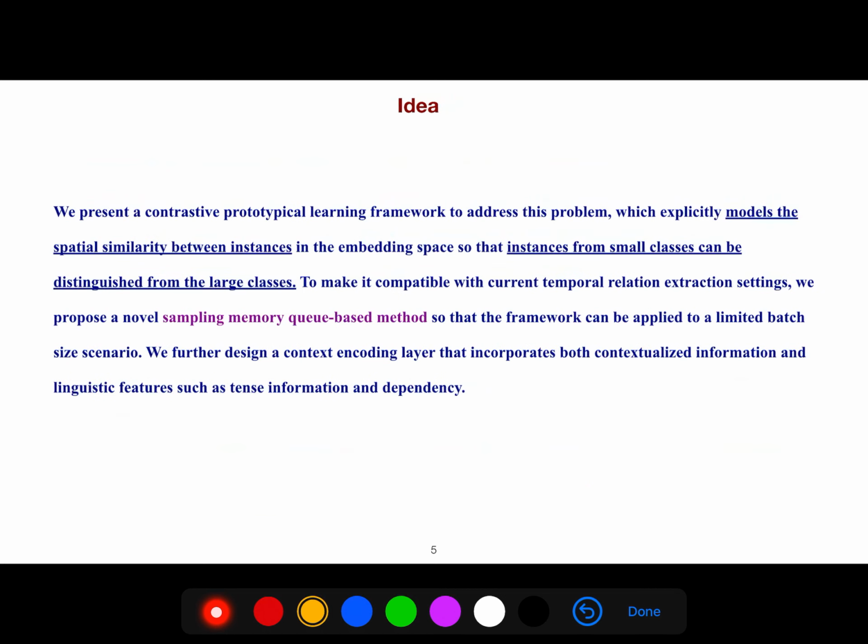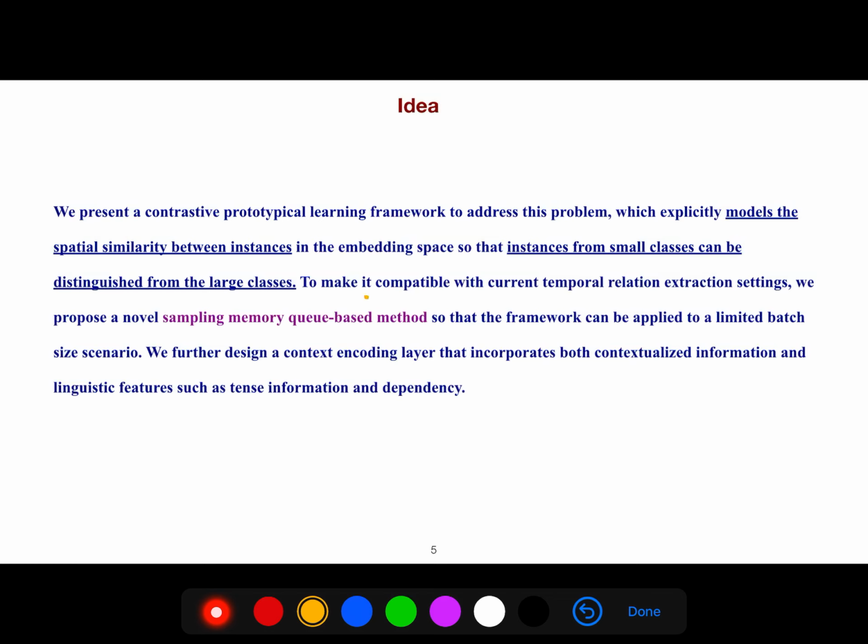We present a contrastive prototypical learning framework to address this problem, which explicitly models the spatial similarity between instances in the embedding space so that instances from small classes can be distinguished from the large classes.